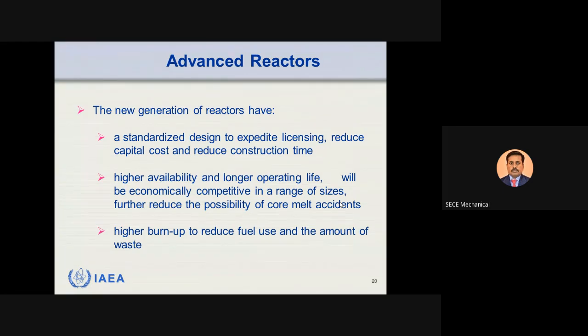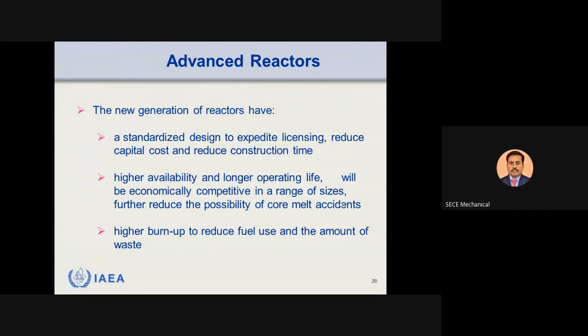But if you use these concepts, that means standardized procedures, reduced capital costs, and different materials for constructing the reactor, the advanced materials increase the reactor life. That's why it is called an advanced reactor.